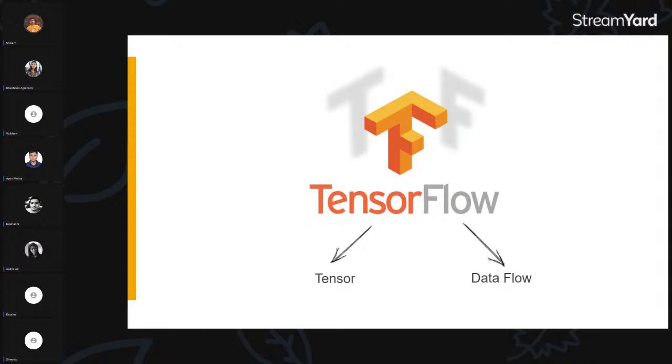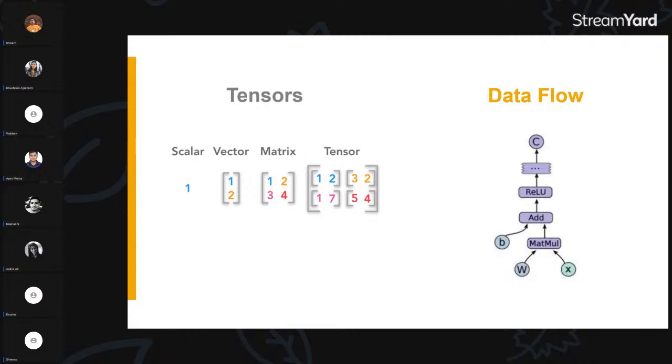The word TensorFlow is derived from the two words tensor and data flow. Coming to tensors, tensors are arrays of uniform type which can be of any dimension. These dimensions are also called rank of tensors. So this diagram shows the data flow, which is nothing but a graph of operations.